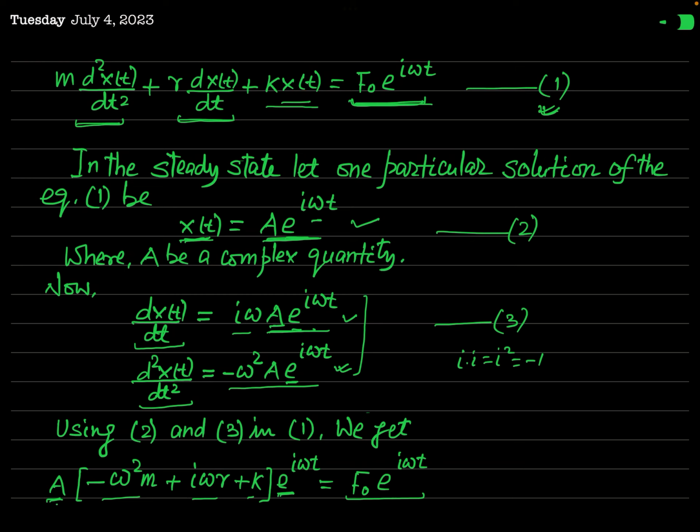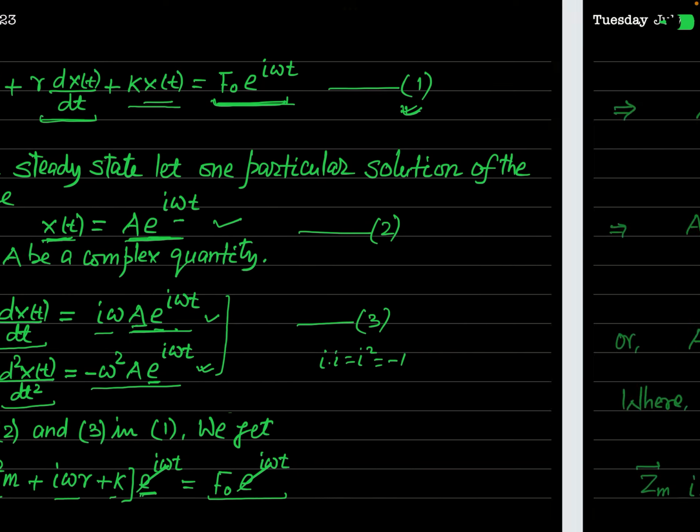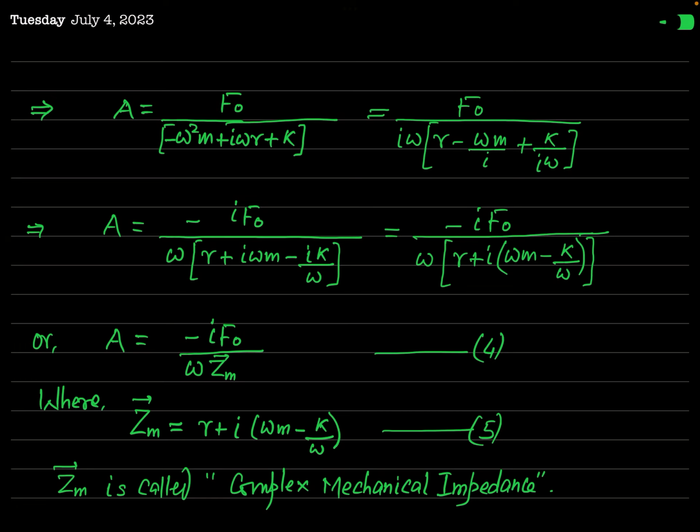Now you can see this e to the power i omega t will cancel out because it is present on both sides, and so we can now find this amplitude A, which is in general a complex quantity, as I have told you earlier.